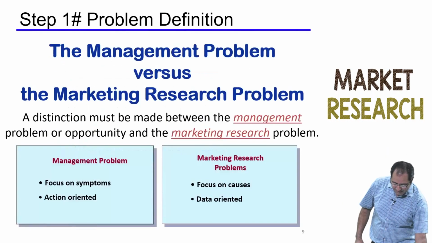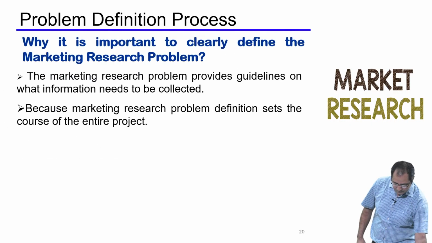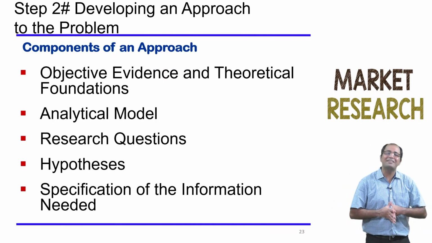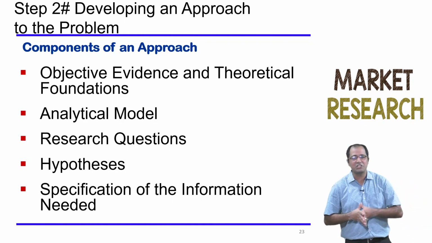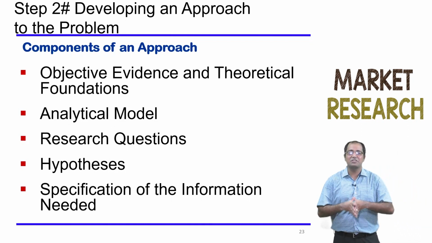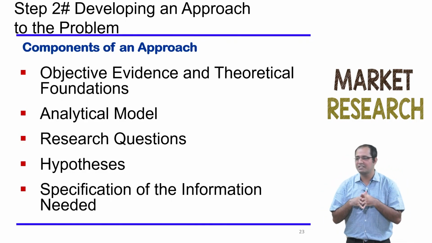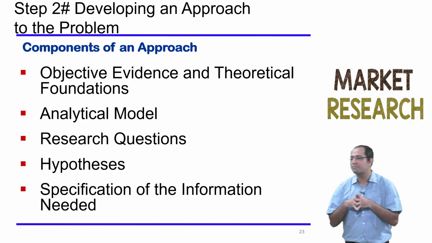Now, in developing an approach to the problem, these are the components: objective evidence and theoretical foundations, analytical model, research questions, hypothesis, and specification of the information needed. This is what we are going to do in step number 2.